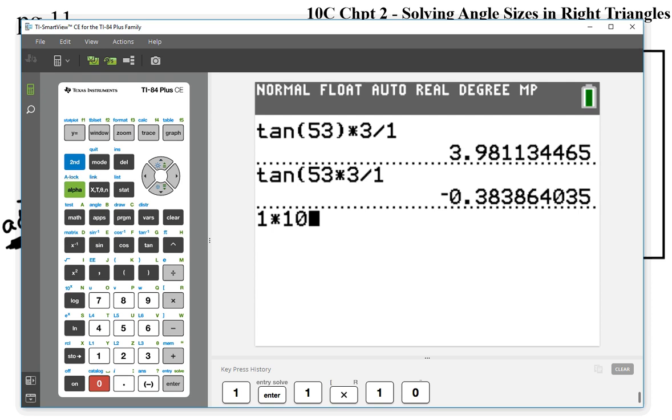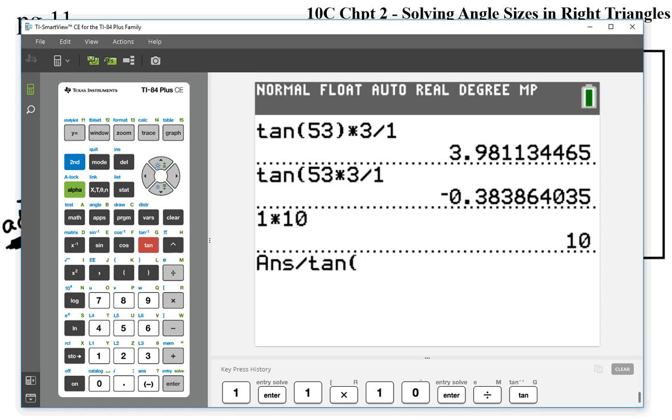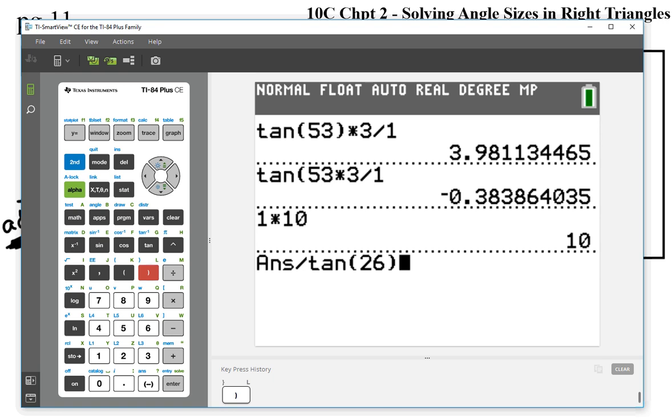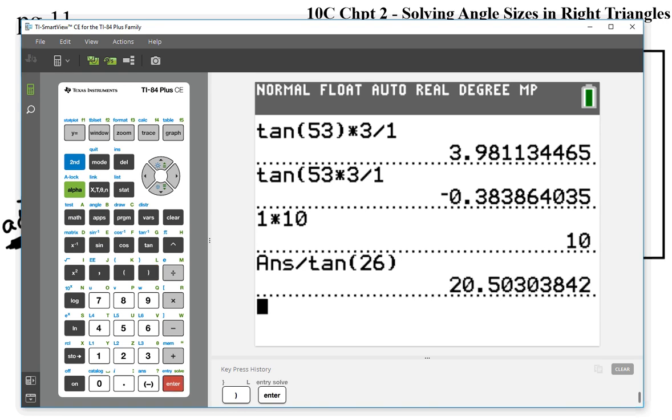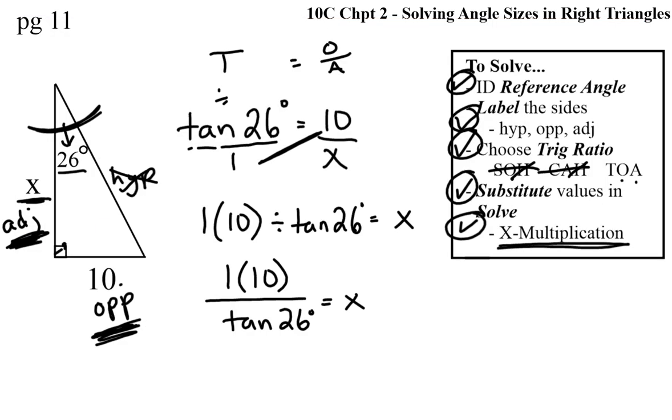Now, sometimes I like to hit enter before tanning. It's just my hang up. 1 times 10 is our first calculation, and now we're dividing by tangent of 26. Hit enter, and we get 20.5 for a side length. X is 20.5. So there we go.